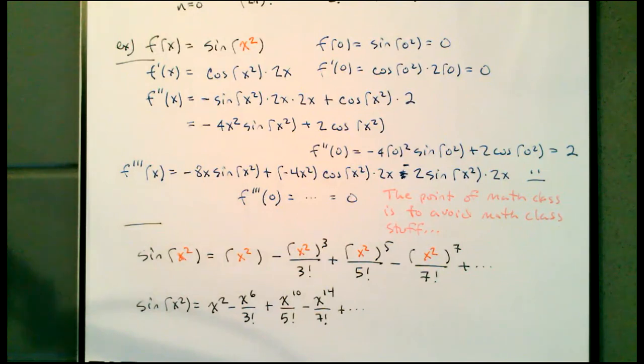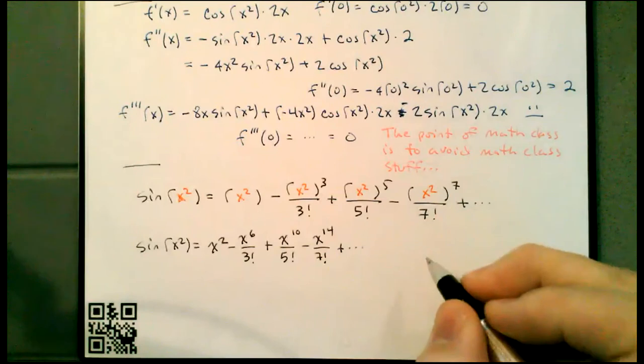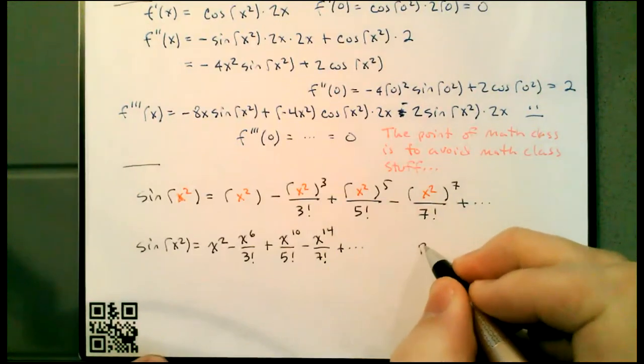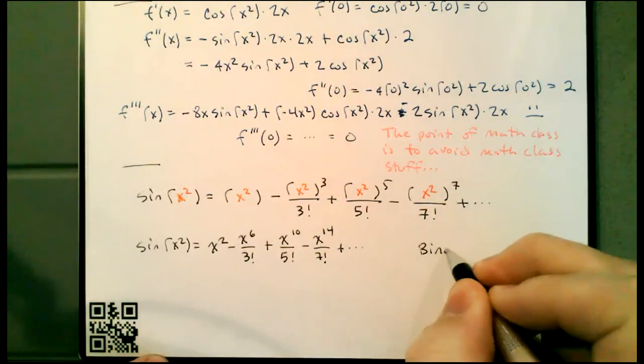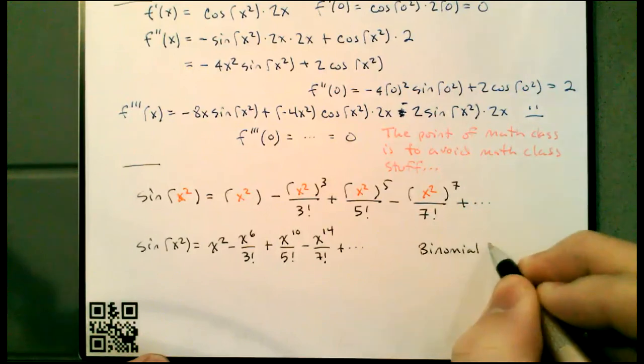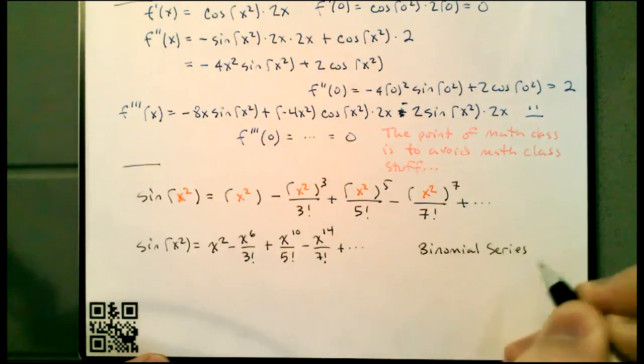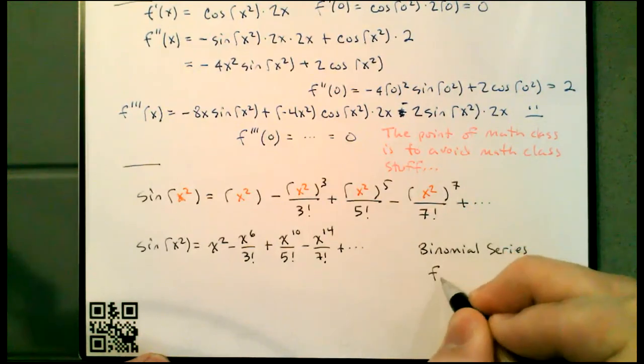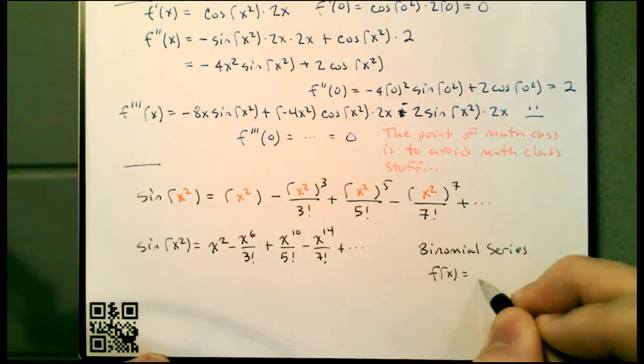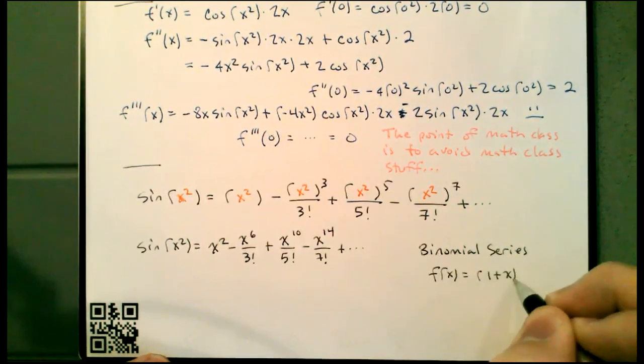So our current project is to find Taylor series of functions. The next one on the list, if you want to get a jump on things, is to look at the binomial series, where f of x is 1 plus x to the p.